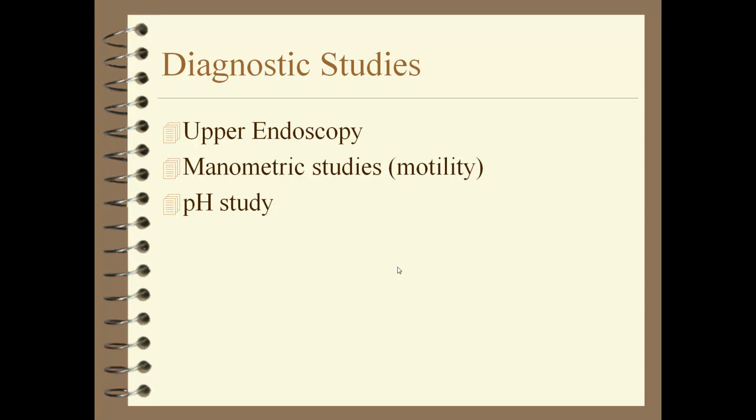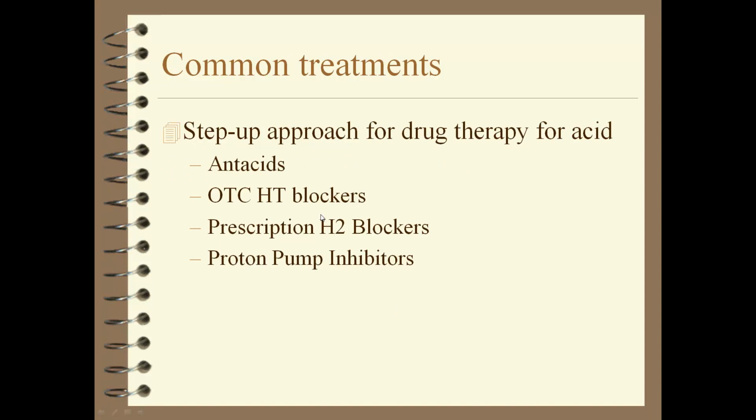They may do a pH study. The patient swallows a tube, like an NG tube down the nose, and it basically records the pH value of your stomach contents. Is your pH too low? Is it way low? Is that what's causing it? Things like that. So different studies. Most common is your upper endoscopy study.